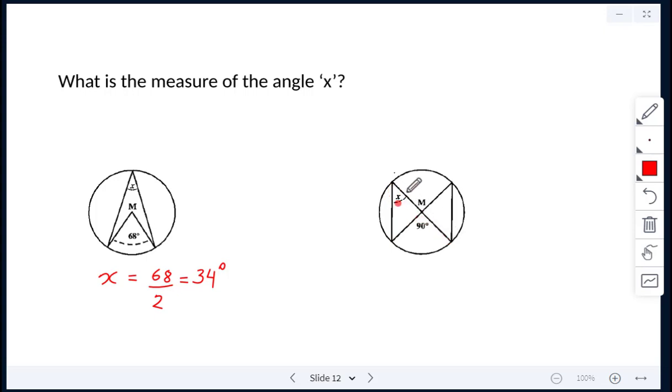So therefore, the inscribed angle here would be half of 90 degrees. So x is equal to 90 divided by 2, which is 45 degrees.